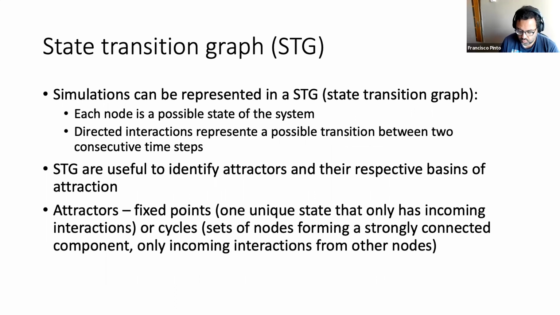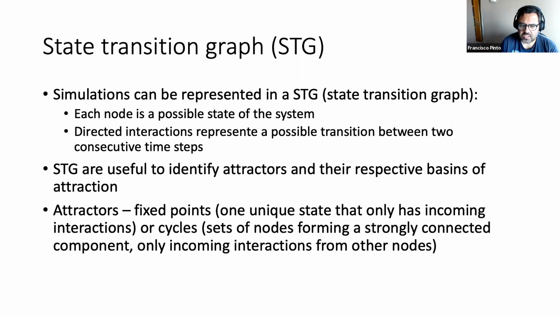And one way to do the simulation without having to randomly choose the next state, so which node is going to be updated, is to represent all the possible trajectories, and that is what is done when we build a state transition graph. So one way to represent the simulations in these logical models is to build a state transition graph where each node now is not a variable, it represents a possible state of the system.